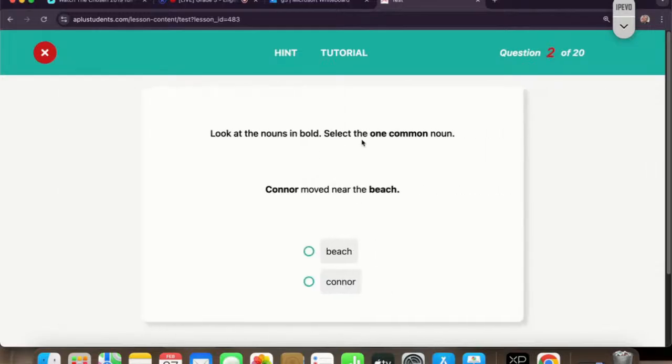Then look at the nouns in bold. Select the one common noun. Our cousin moved near the beach.